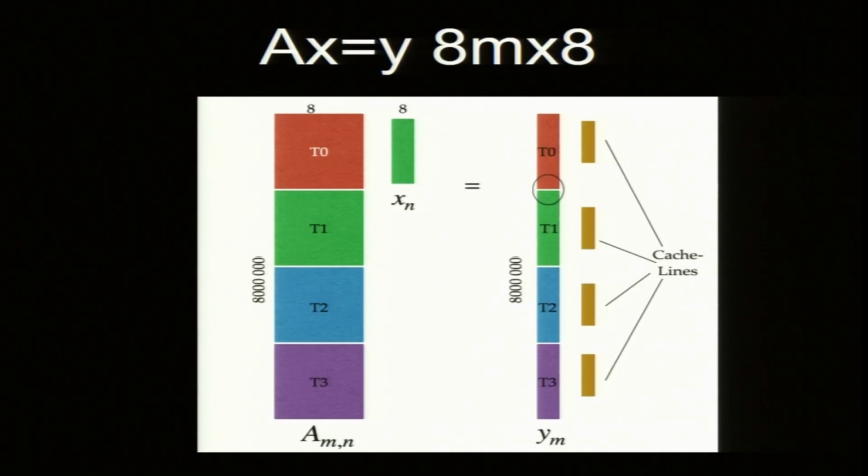So this is 8 million by 8. The size of the Y array is big, 8 million. Now, cache lines will be 8 bytes, right, this is the cache line. This cache line and this cache line are different.